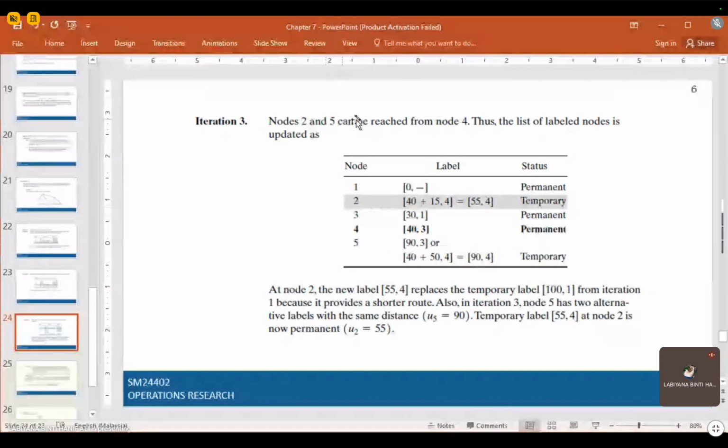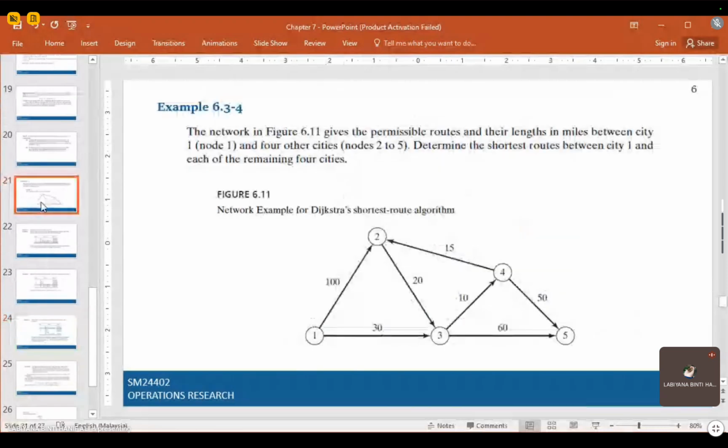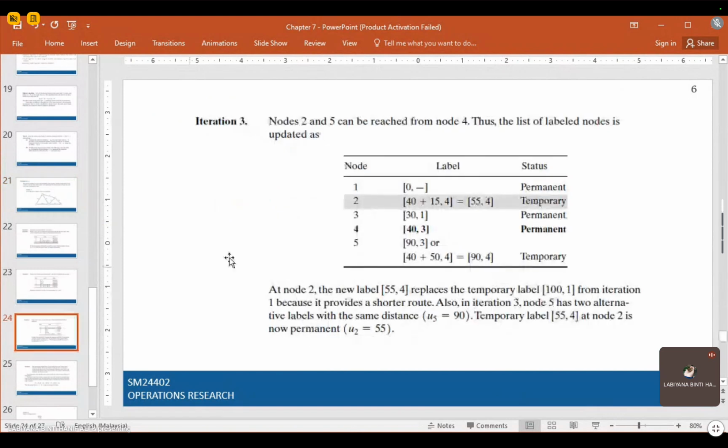So 2 and 5. If we look back into this, from node 4 we can reach node 2 and also node 5. So that's why here they highlight node 2 and also node 5.